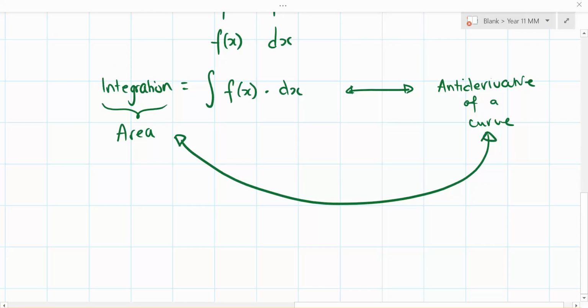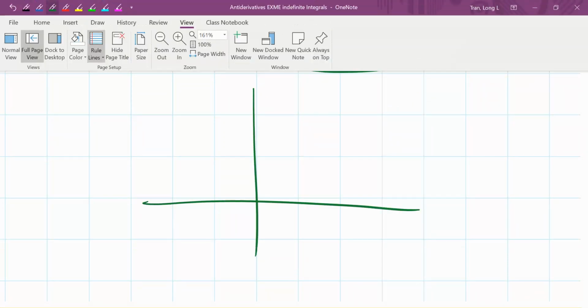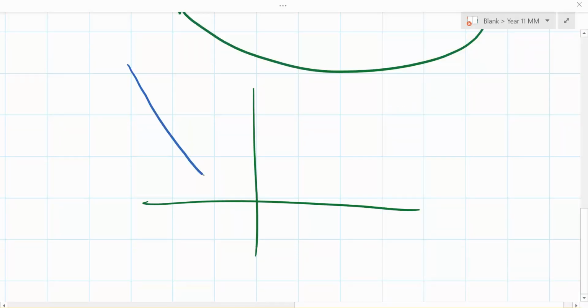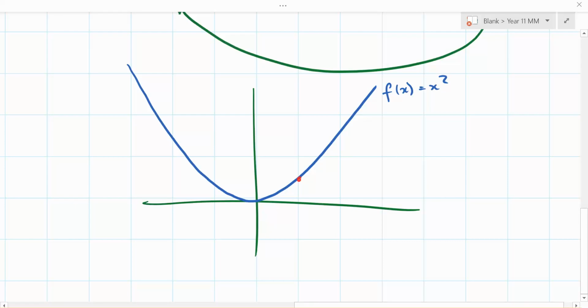But essentially, here's the problem with curved surfaces. If I drew an x squared graph, so if f of x was equal to x squared, when you do your rectangles, you don't actually get the exact area under the curve.